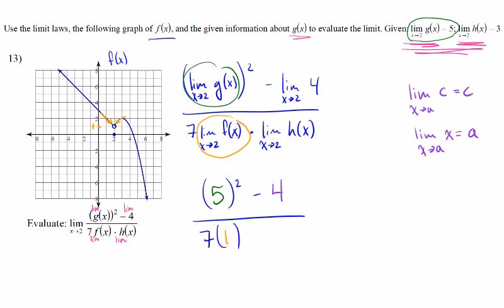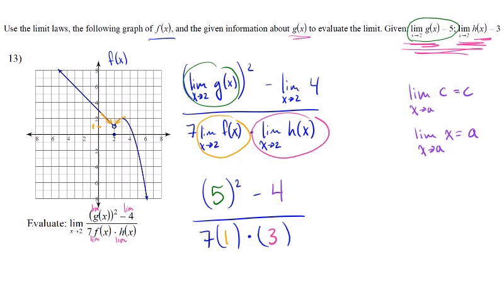Okay. And then finally, I want to find the limit as x approaches 2 of h of x, and I can see that that's 3. So I'm going to multiply that by it, right there, and put in a 3. All right.